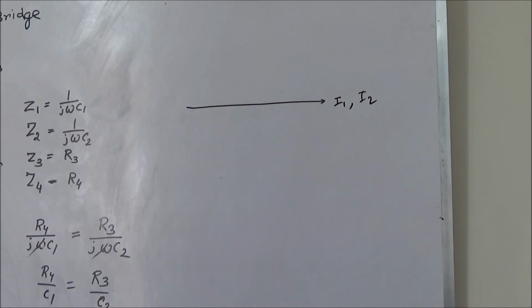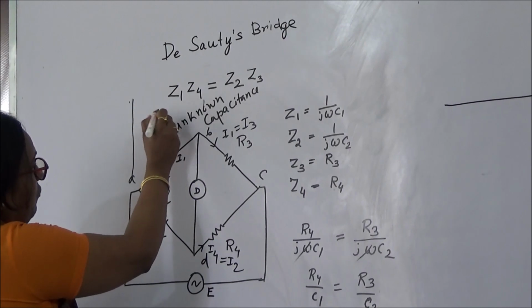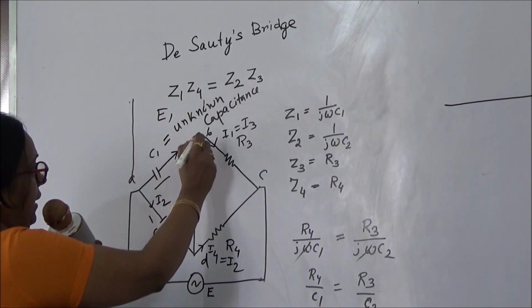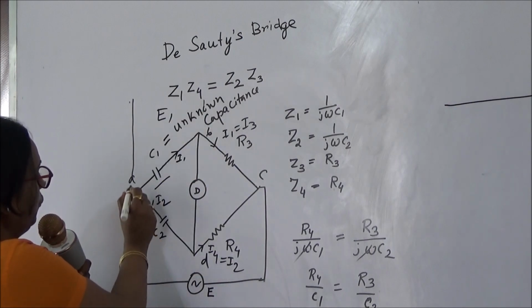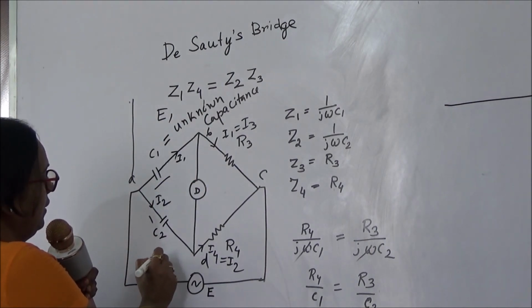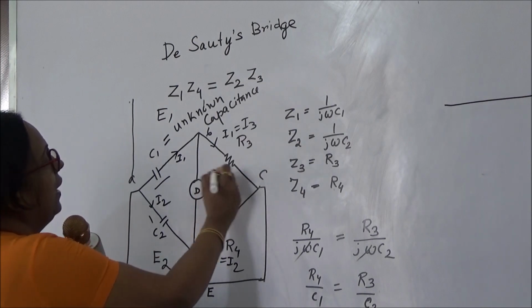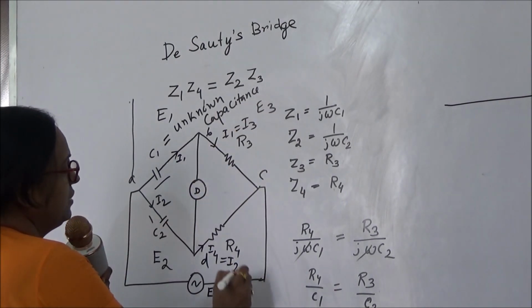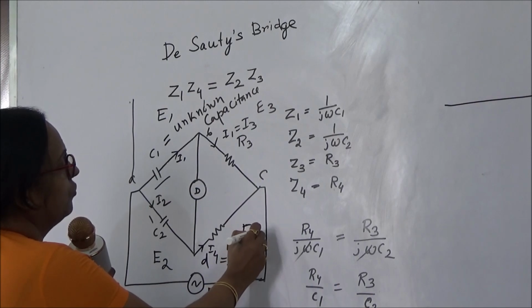Now this is my E1, that is the potential between A and B is E1, and the potential between A and D is E2, and this potential is E3, and this potential is E4.